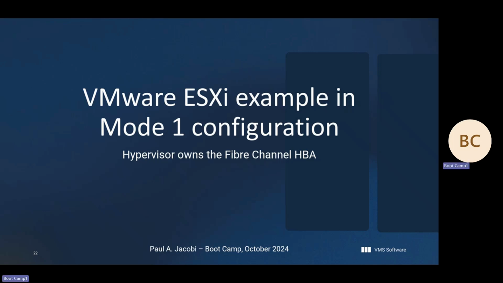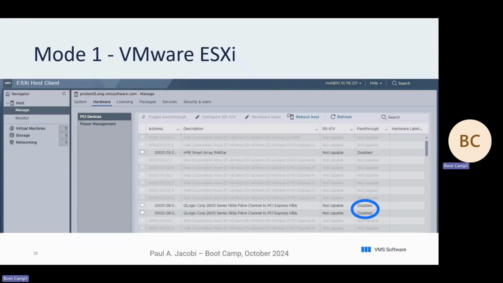So now let's rewind a bit and go all the way back and look at ESXi in mode 1 configuration, where the hypervisor owns the fiber channel host bus adapter. Basically, everything defaults to this, so it should already be set up. You'll see in your list of PCI adapters here, in the pass-through column, the adapter is disabled.